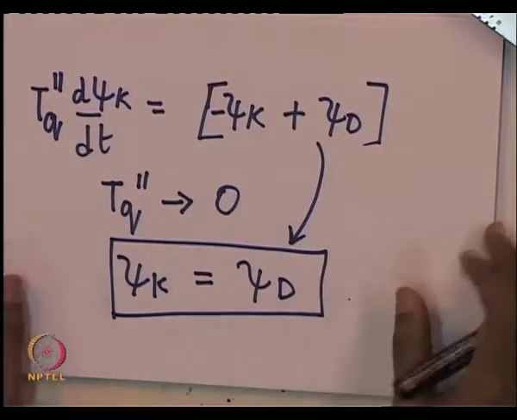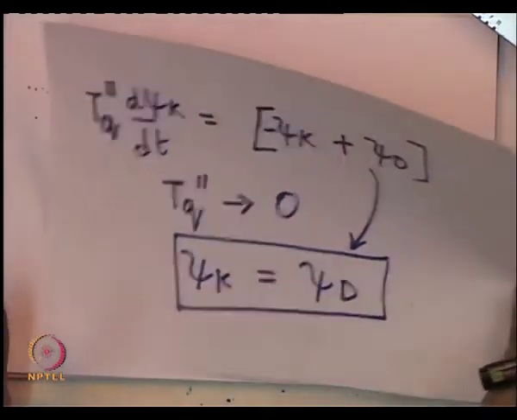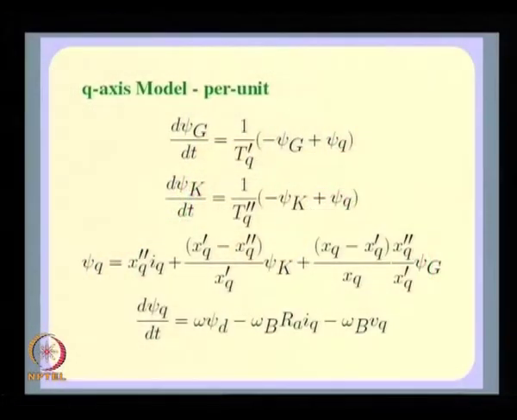Now, if psi k is equal to psi d, you can replace psi k in the algebraic relationship which relates psi d, psi q, I q, psi g and psi k. Do you recall that equation? We will just have a look at it right away. What I am trying to say is that you get psi k equals psi q.